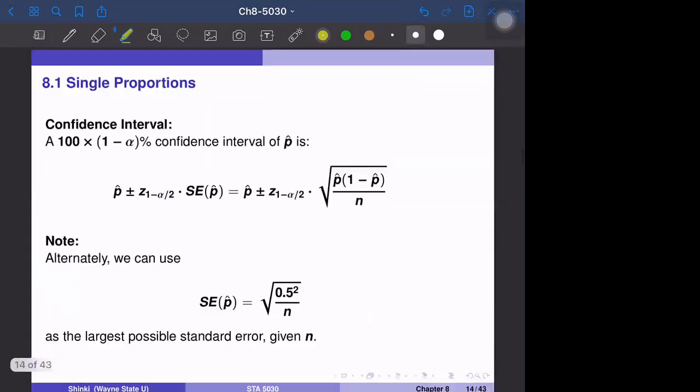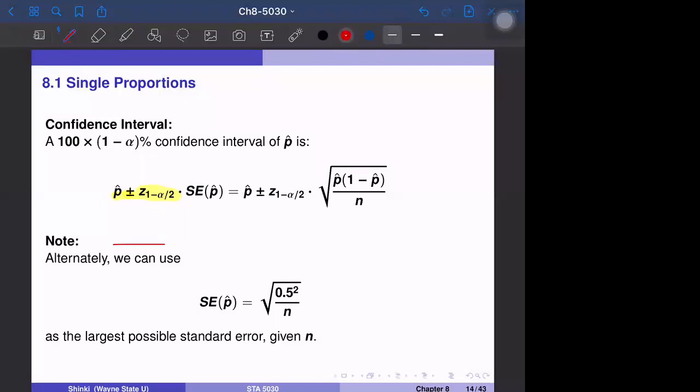We have discussed a confidence interval for the test. Both the first code and the second code include the confidence interval, and here is how to calculate it. The formula is p hat plus minus z sub 1 minus alpha over 2.